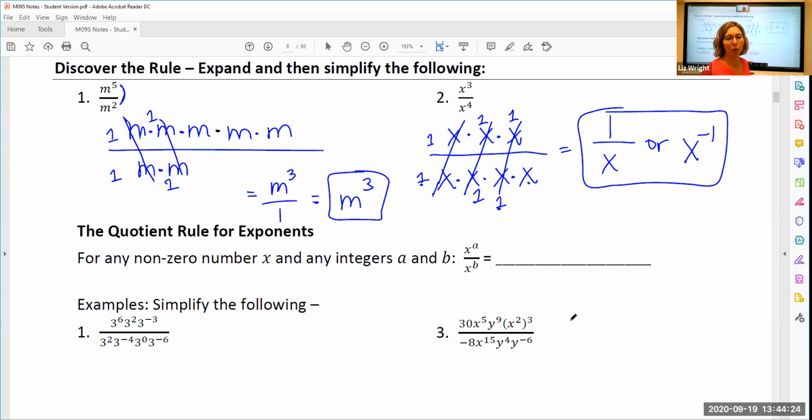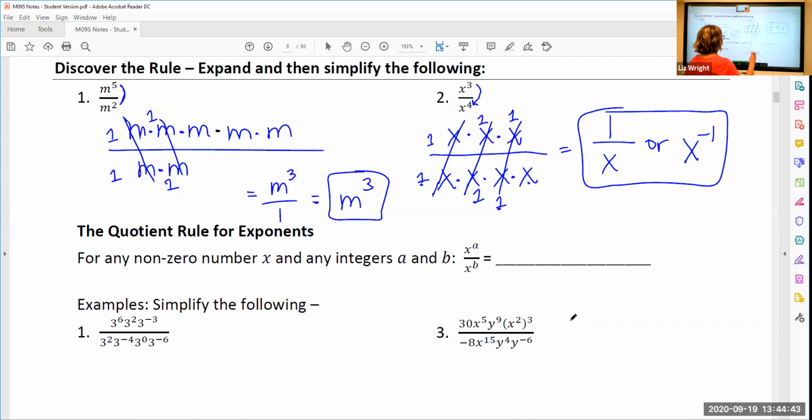X to the -1st. Well, how does that 1 over x, or x to the negative first, relate to what we started with? Well, if you did x to the third, and we did 3 minus 4, you're going to get negative 1, right? So x to the negative first.